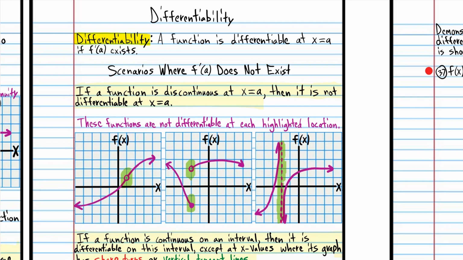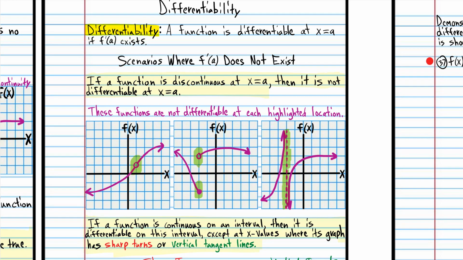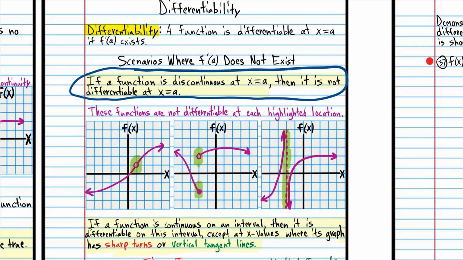And at x equals -2, this function has a discontinuity, so we can't find the derivative of the function there. And here we have a discontinuity, so we can't find the derivative when x equals -2 here either. So it's very important to remember that if a function is discontinuous at x equals some value, then it is not differentiable at that x value.